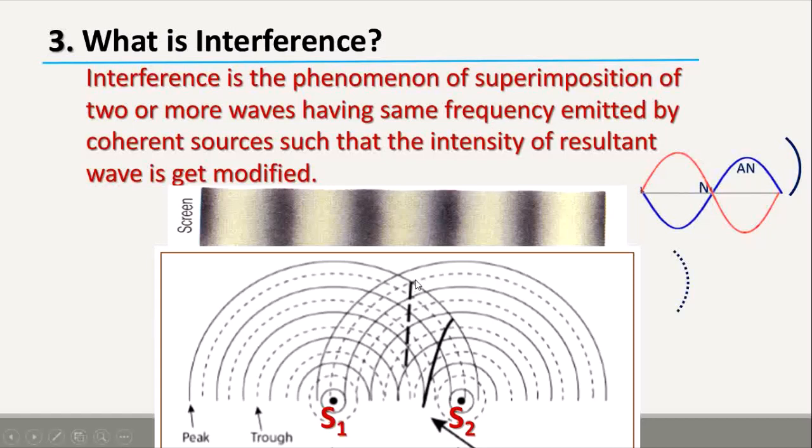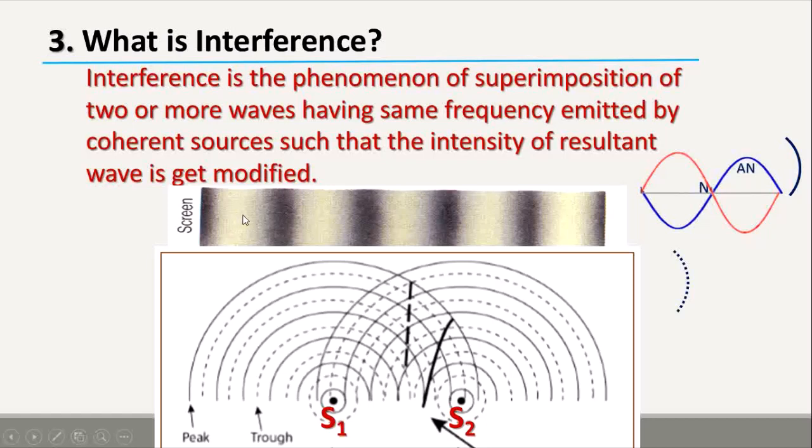This phenomenon is called interference because light is not just distributed, light is modified, light is redistributed. At the bright region the light energy is maximum. At the dark region the light energy is zero.